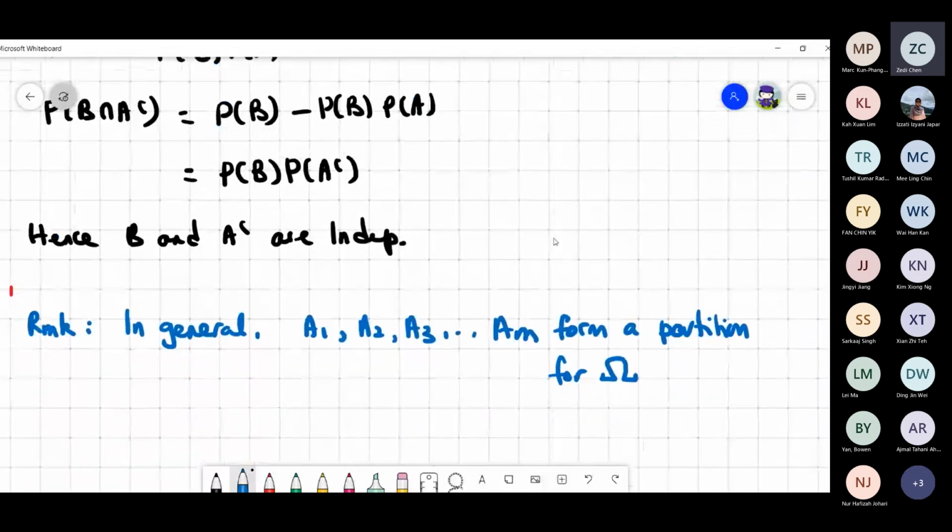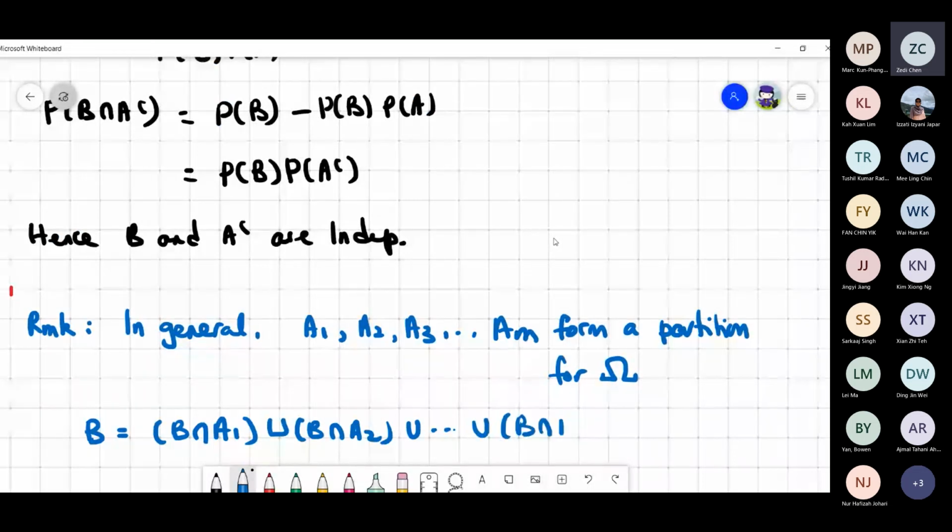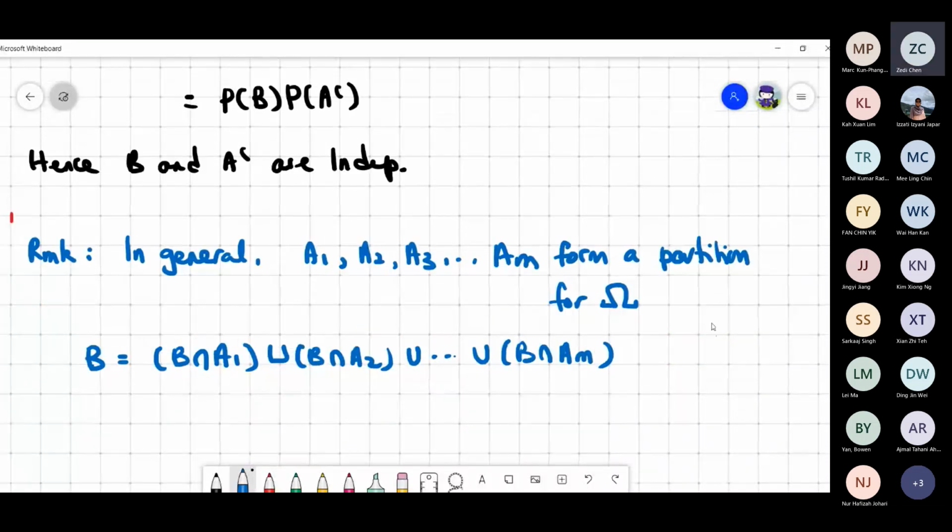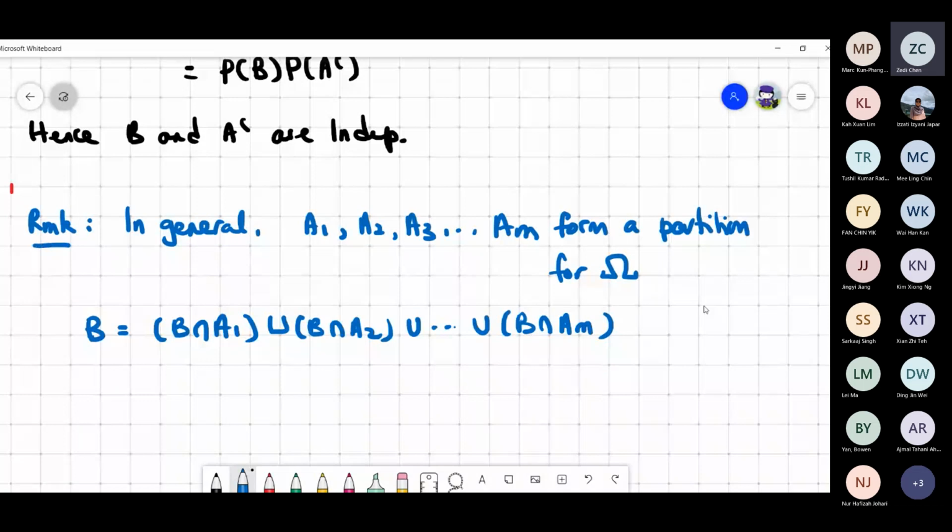So let's say you have M subsets, they are disjoint, and the union is equal to the sample space omega, which means they form a partition for it. Then B must be equal to B and A1 union B and A2, up to B and A M. So this is a general case.